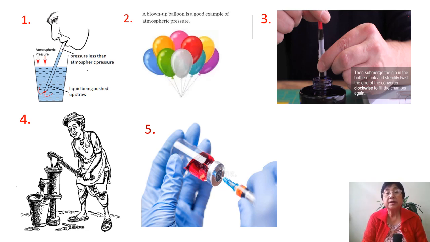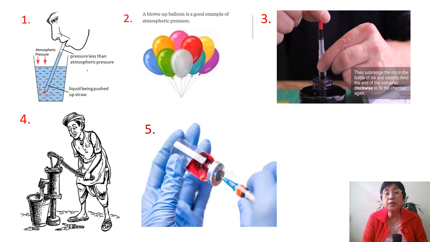What you have to do first, you will have to squeeze this rubber tube. Why do you have to squeeze? Because when ink is empty, air will occupy the space inside. When air is present, it exerts pressure, so ink can never come inside on its own.